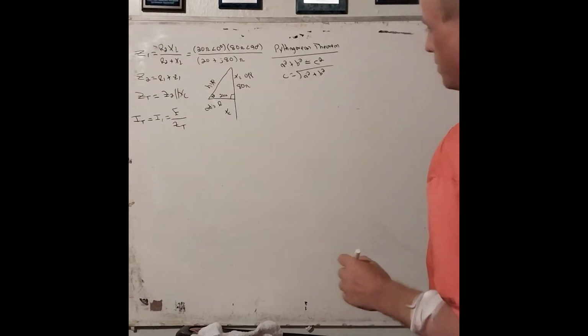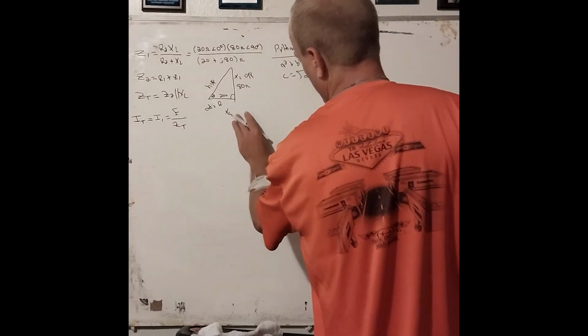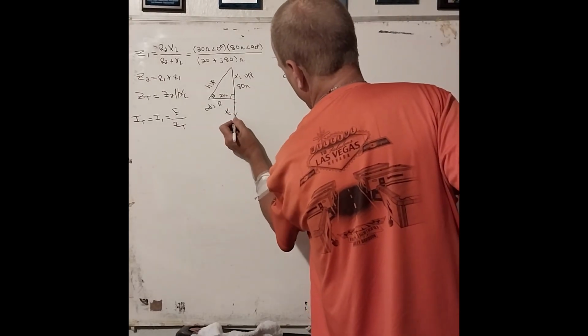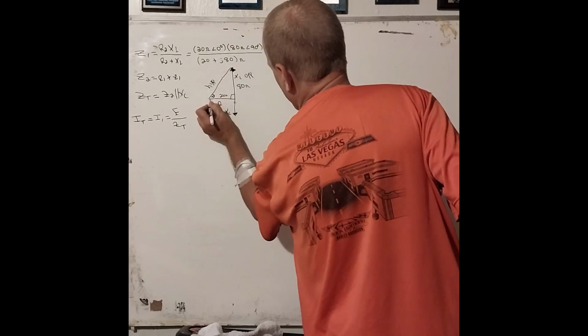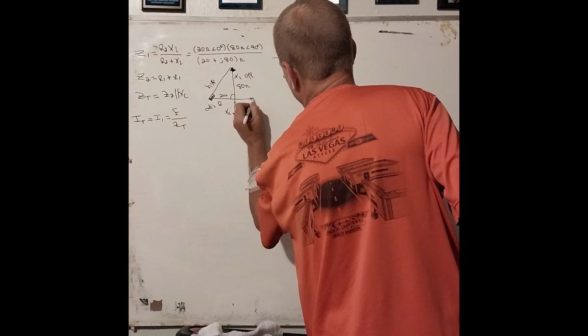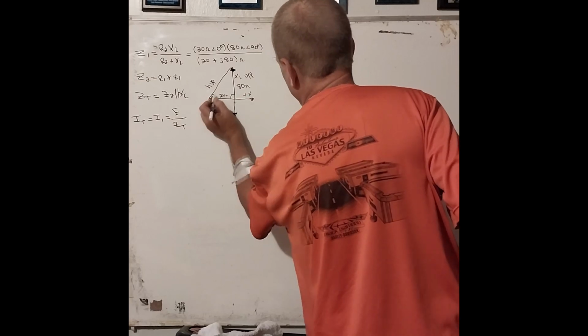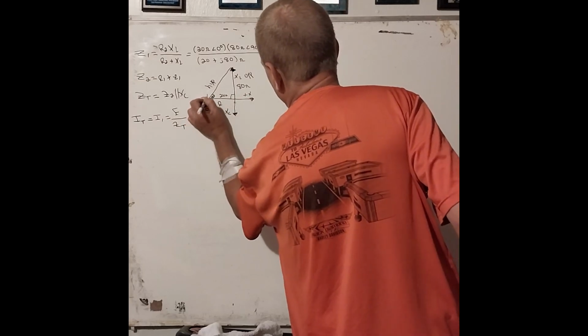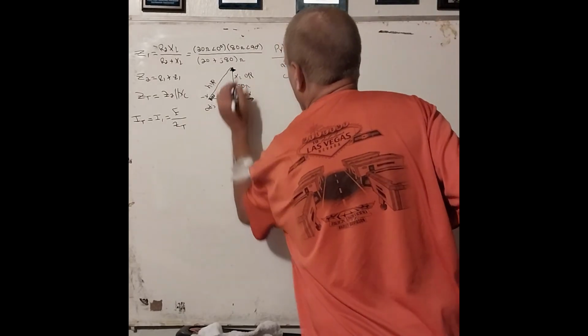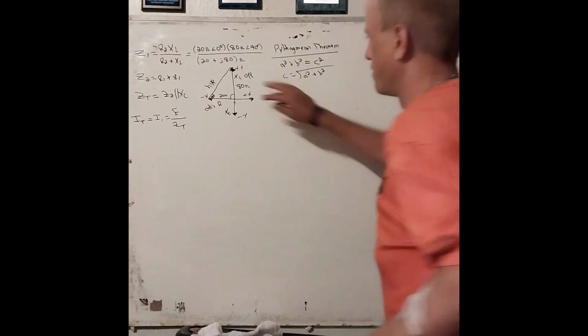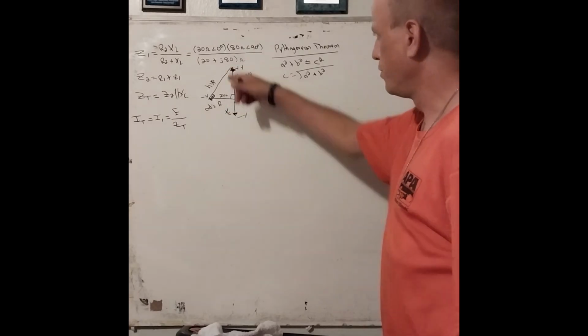Now this could be in either direction. This would be the positive x, and this would be the negative x. Positive y, negative y. Just think of that as a graph, and that's how we use the Pythagorean theorem.